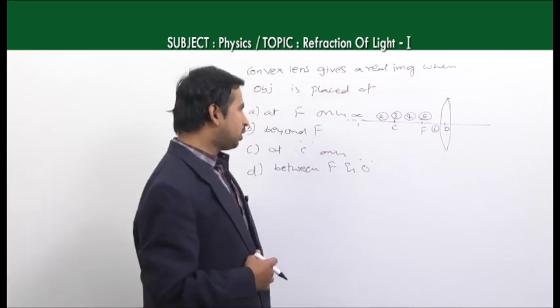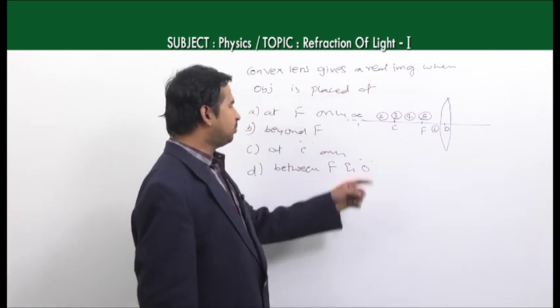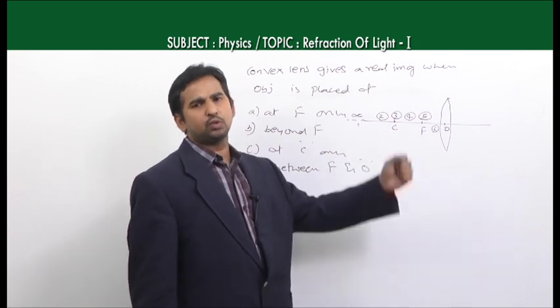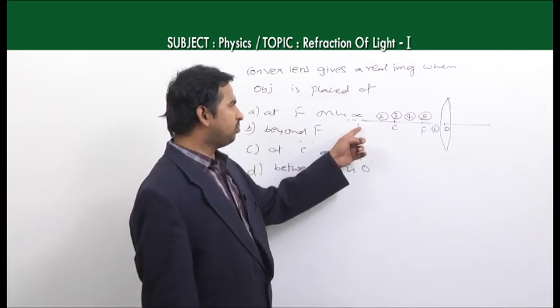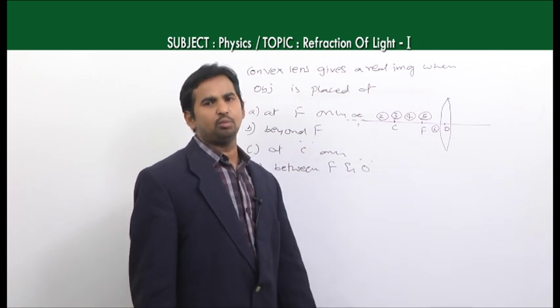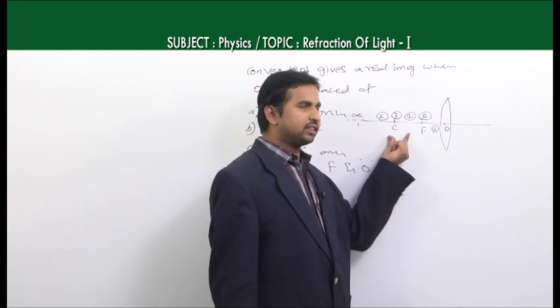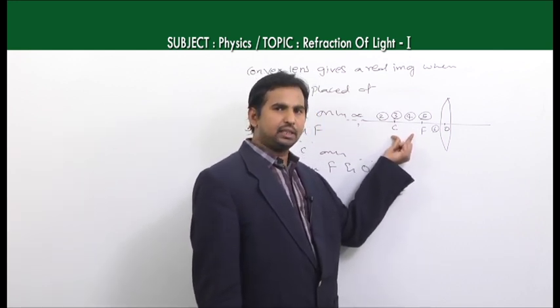If you observe the image formed in all these cases: when the object is at infinity, the image is formed at the focus, which is real. When the object is between infinity and C, a real, inverted image is formed. At the center of curvature, a real and inverted image is formed.